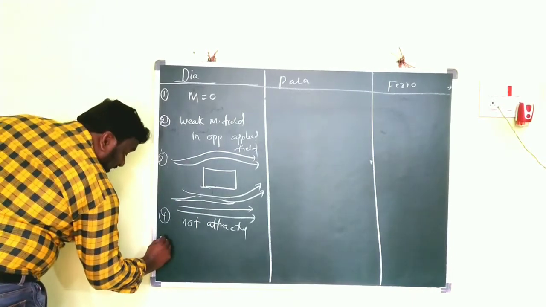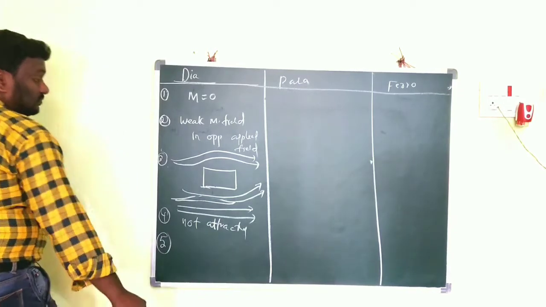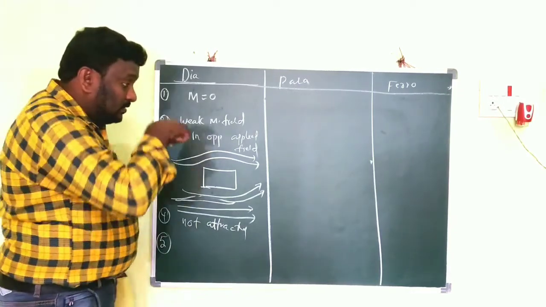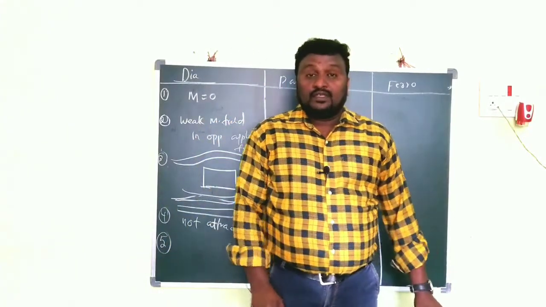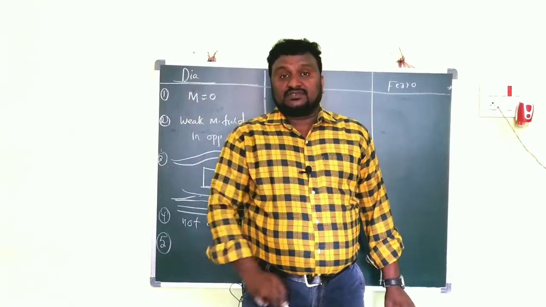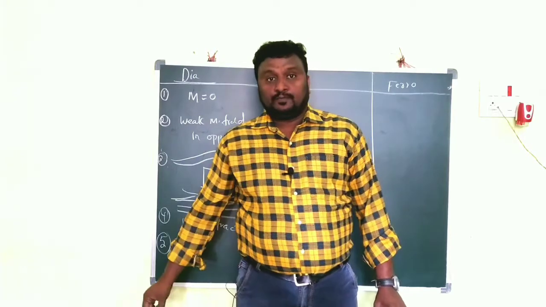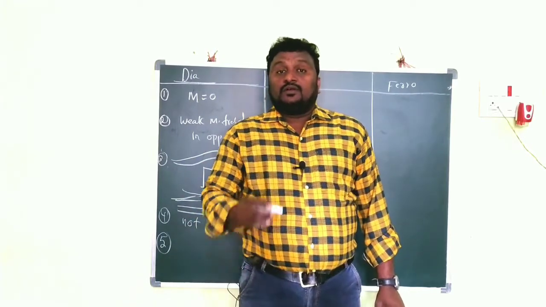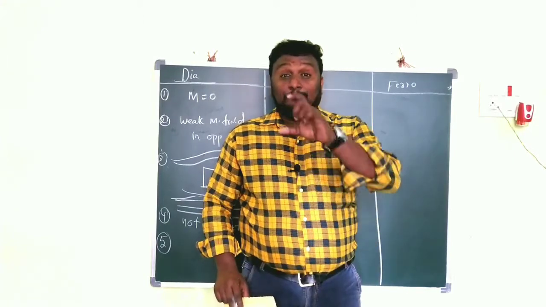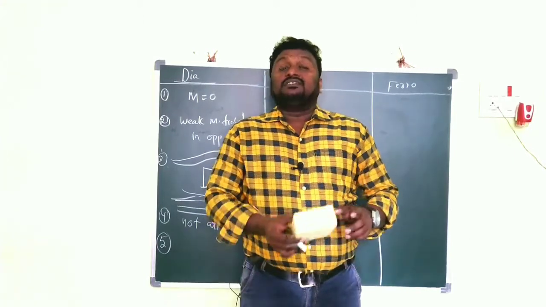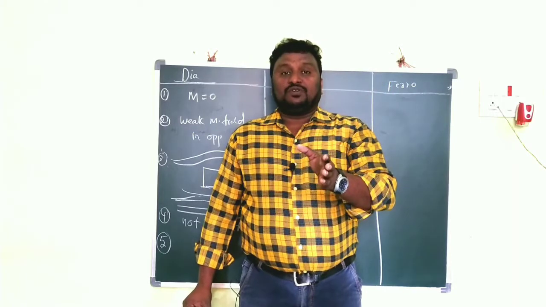And now the fifth one. What's that? If you suspend a diamagnetic substance in the magnetic field. We take one diamagnetic substance in the form of a bar. That should be suspended in a magnetic field.